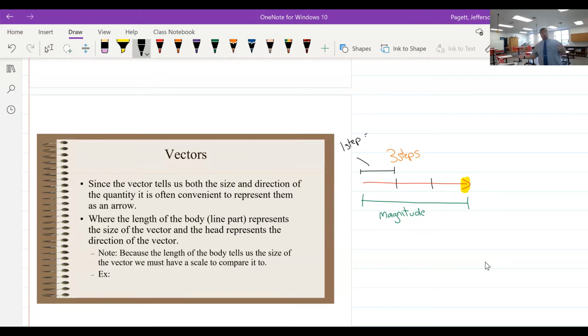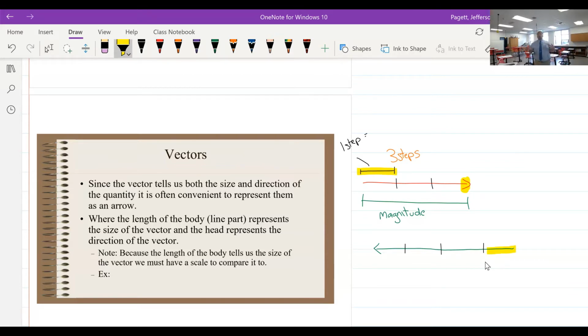And so if I wanted to draw a vector that represented 4 steps to the west, what I would do is I would have 1, 2, 3, 4. And I'll put in the black mark so you can see. There's 1, 2, 3, 4. And then put my arrowhead on. But once again, this amount represents 1 step.